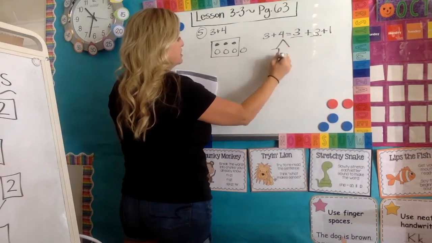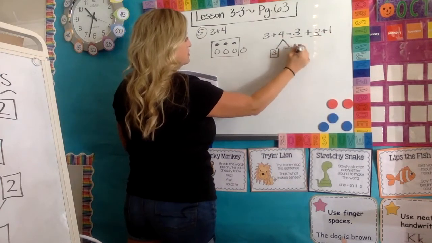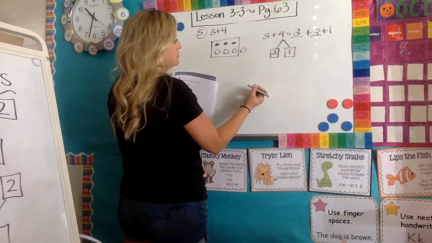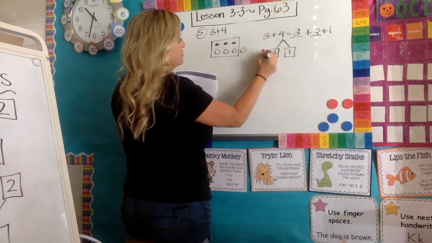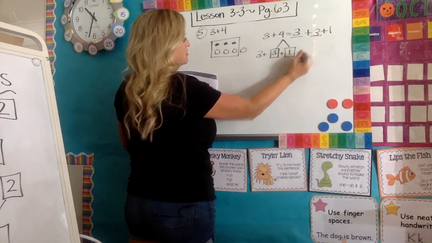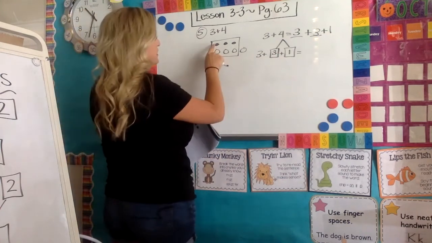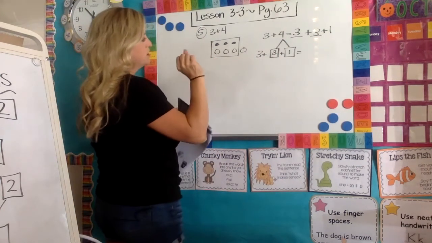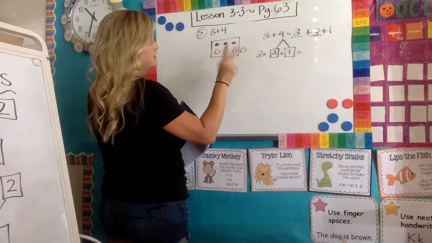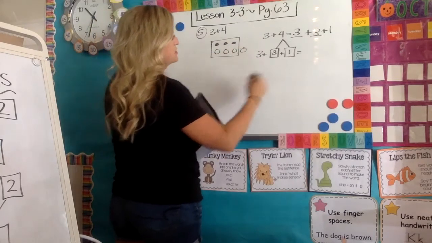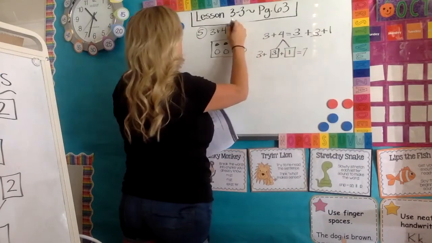It's number bond of 3 and 1. And I still have that 3 from up here. Okay? So now I know that 3 plus 4, 4, 5, 6, 7 is 7.